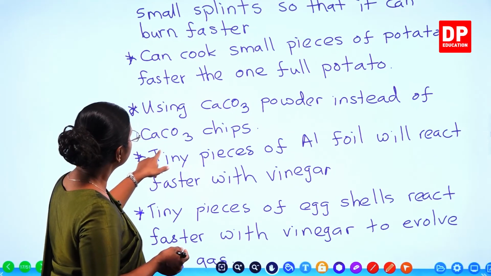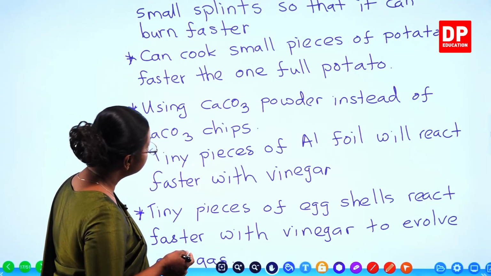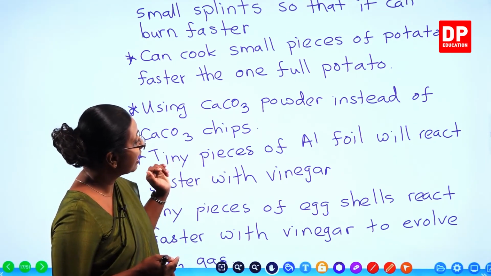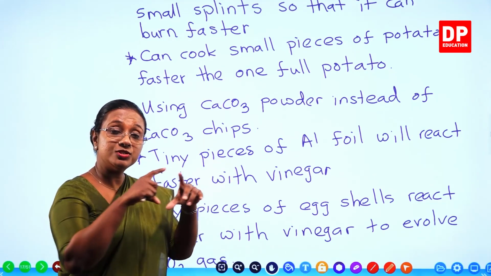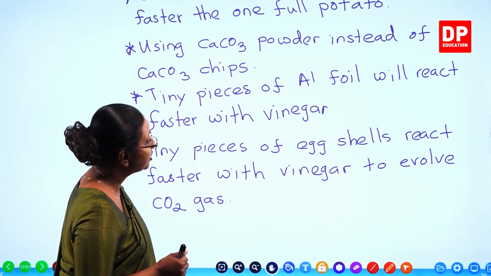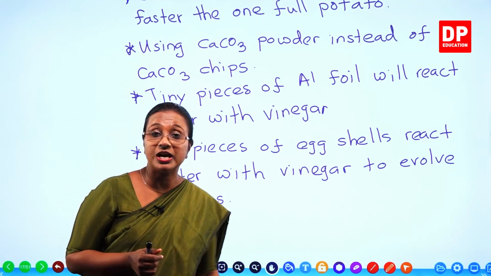Then using calcium carbonate powder instead of calcium carbonate chips. So that again for reactions. Then tiny pieces of aluminium foil will react faster with vinegar. That is compared to just one full aluminium foil. Then tiny pieces of eggshells react faster with vinegar to evolve carbon dioxide gas.